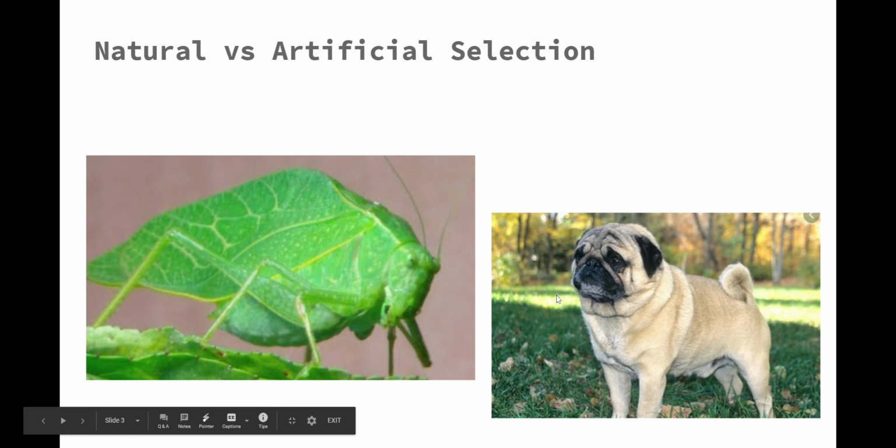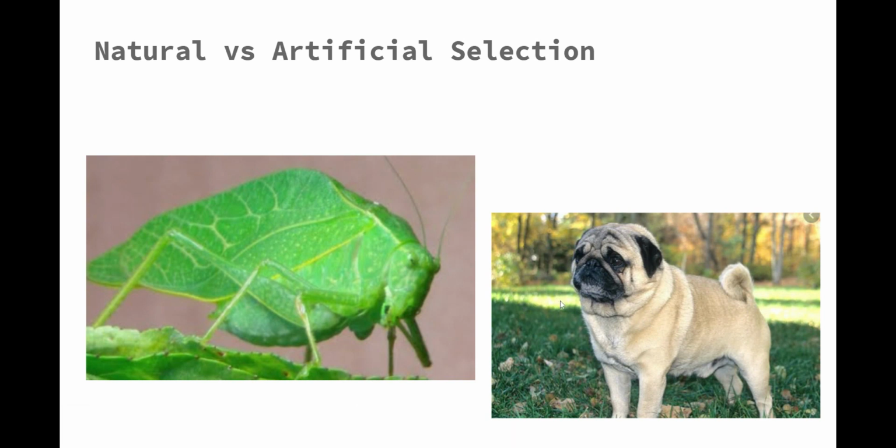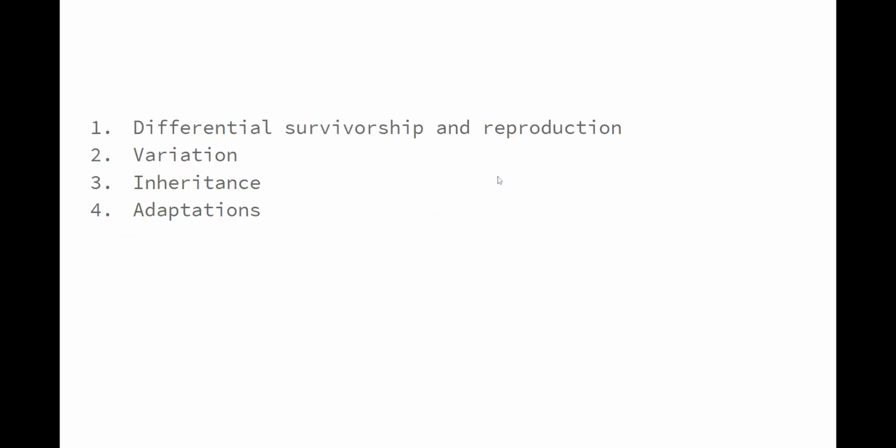With a lot of the artificial selection we've done with dogs, we see a lot of problems with it, especially in some of these pure breeds like this. Like this guy has huge problems breathing. So artificial selection, humans do it. It usually happens very, very quickly. Natural selection is based on nature. Typically, natural selection is going to take a long time, but it can also happen pretty quickly.